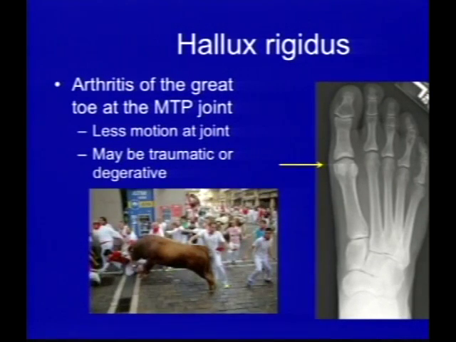And obviously this is the running of the bulls. You see someone being stepped on; the back of the bull there is stepping on someone's foot. You can get stepped on by a horse or a cow, or lots of things can happen to the front part of the foot, or the dorsum of the foot.